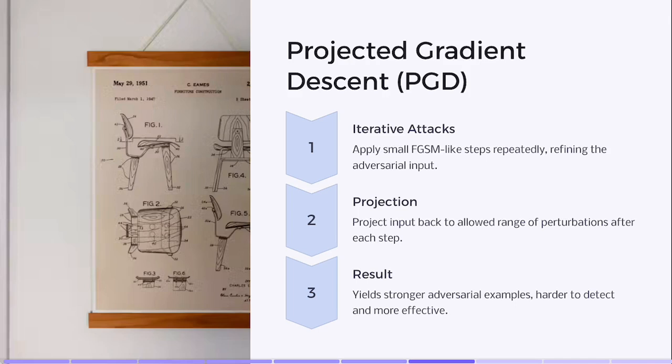Result: this repeated process often yields stronger adversarial examples, harder to detect, and more effective at fooling models. Many researchers consider PGD a universal first-order adversary, meaning if a model can withstand PGD, it's usually robust against a wide range of similar attacks, though not invincible.